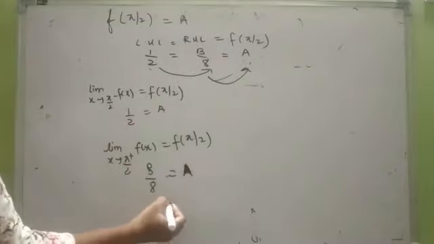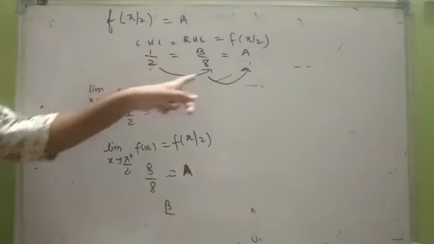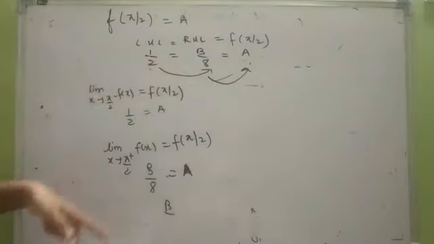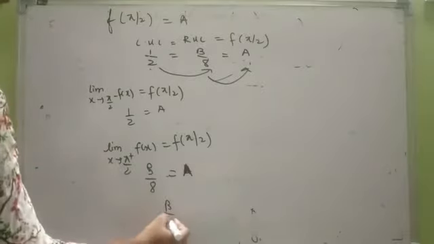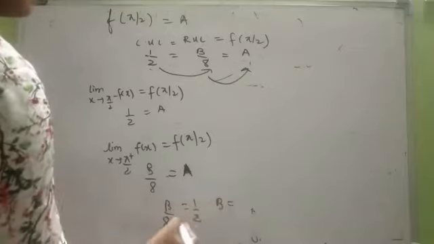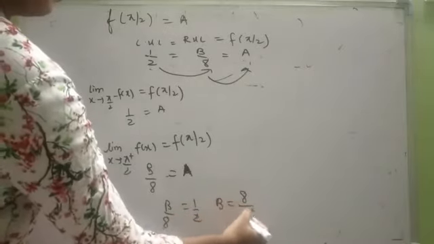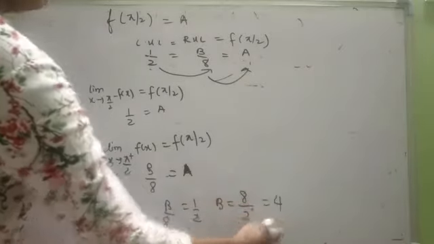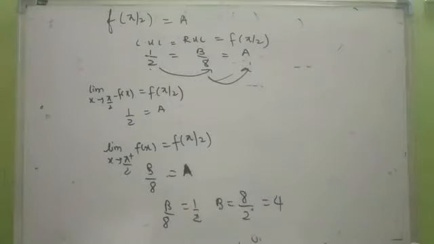You got here half. Same thing it would have been if you had equated these two also. B by 8 would be equal to half. So B will be, 8 will go here, upon 2. So that will be equal to 4. Okay, so the value of B is 4. And this is half.